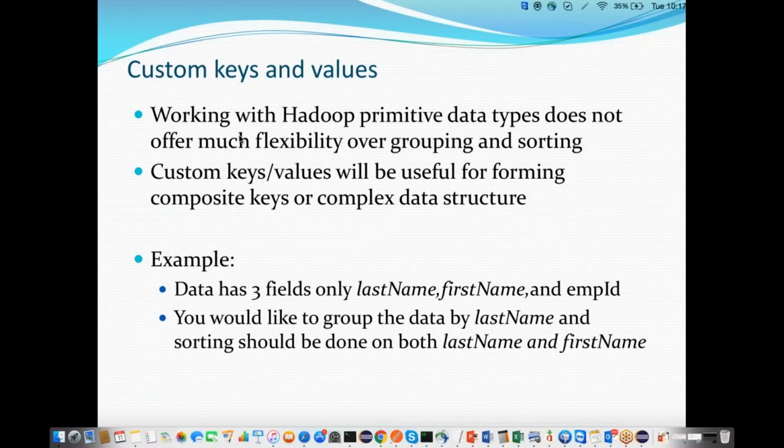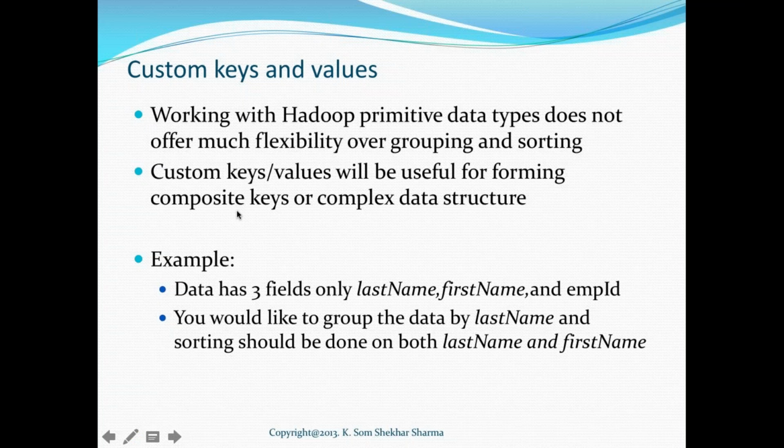If you see this, working with the Hadoop primitive data types does not offer much flexibility over grouping and sorting. To understand this, we have to go step by step, because this particular bit we need to understand with respect to secondary sorting. But I will skip this slide for a moment.